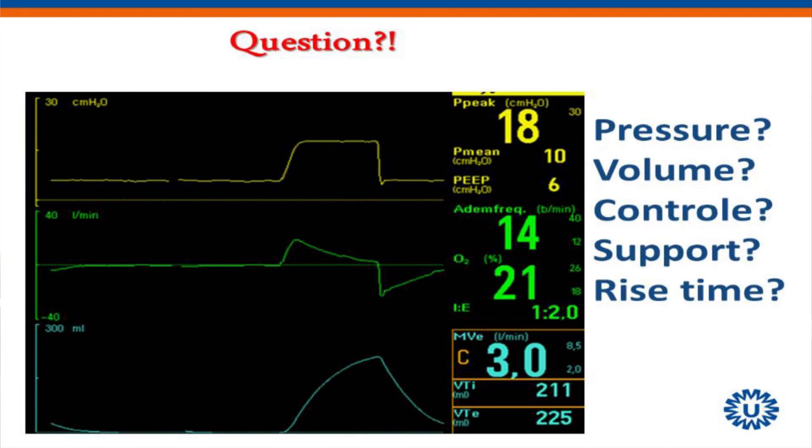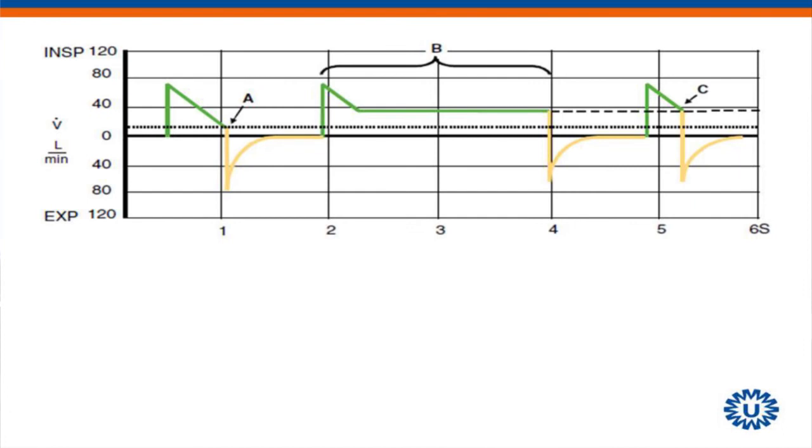What happened here? What you see is that the pressure support mode is chosen, because the flow is decelerating. And I can tell you that there is a short cycle off time and an enormous leakage.